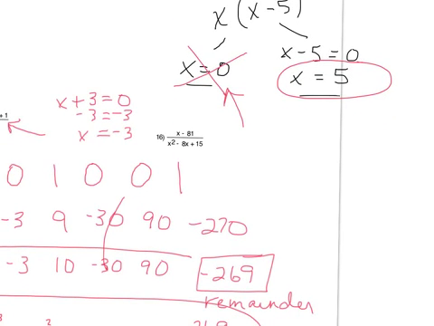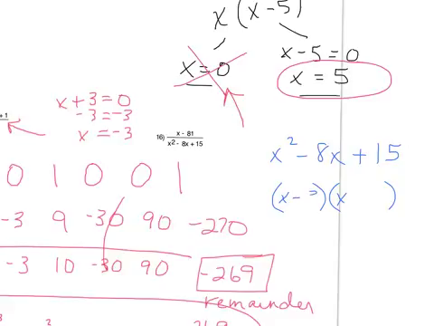So we have x squared minus 8x plus 15. You're going to factor that into 2 parentheses with an x and an x. Two numbers that multiply to give you 15, but when you add them, you get negative 8.